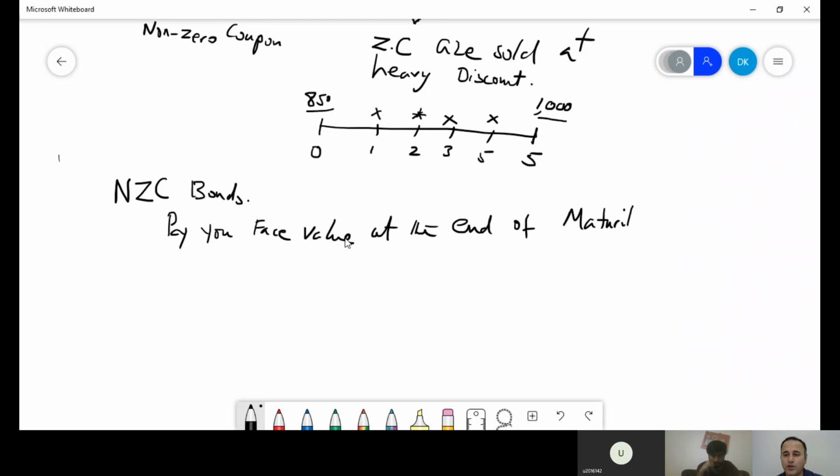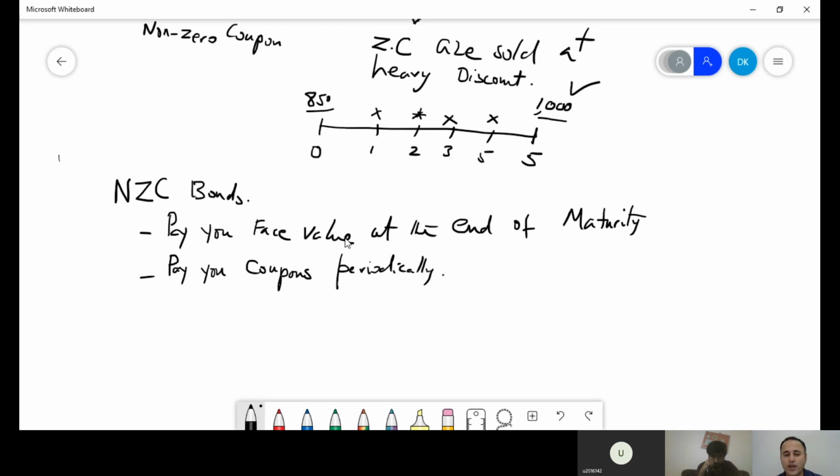Okay, so you get the face value just like this one. Okay, but at the same time, they pay you what they call coupons periodically. And this periodicity can be, let's say, quarterly, it can be half yearly, it can be even yearly.